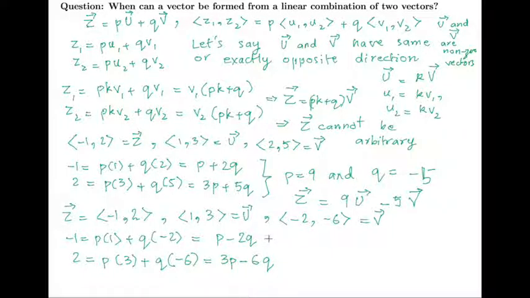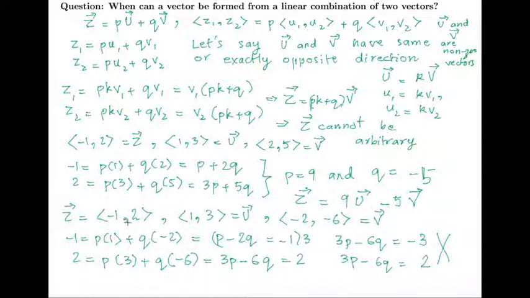If I multiply the first equation by 3, I get 3p minus 6q equal to -3, and the other is 3p minus 6q equal to 2. The same thing, 3p minus 6q, is equal to two different things, so this is not possible.